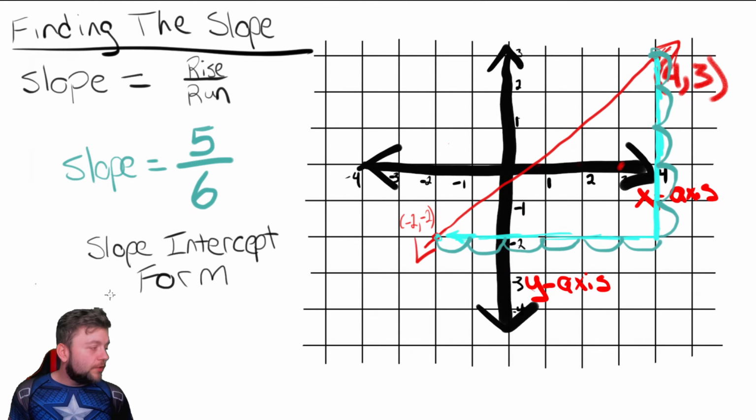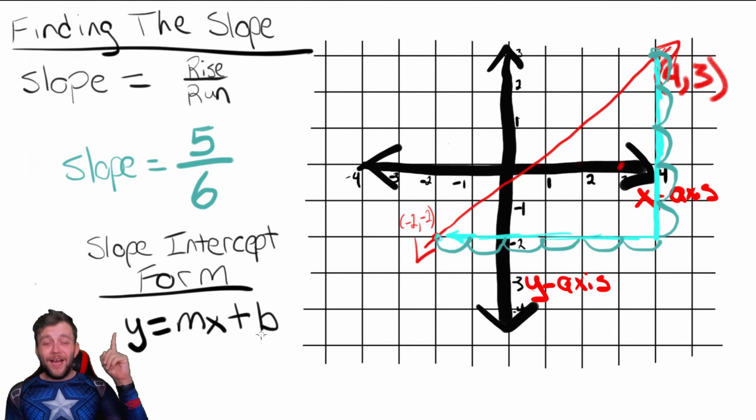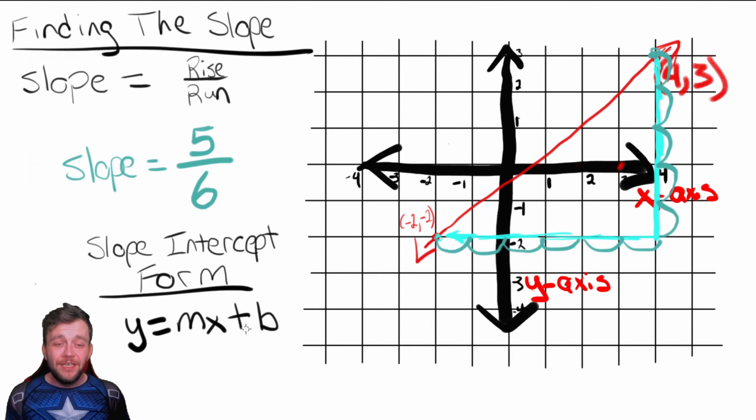What is slope intercept form? It's a lot of letters. I apologize ahead of time for all of the letters you're about to see right here. And that is y equals mx plus b. Okay, so y equals mx plus b. That is slope intercept form of an equation.